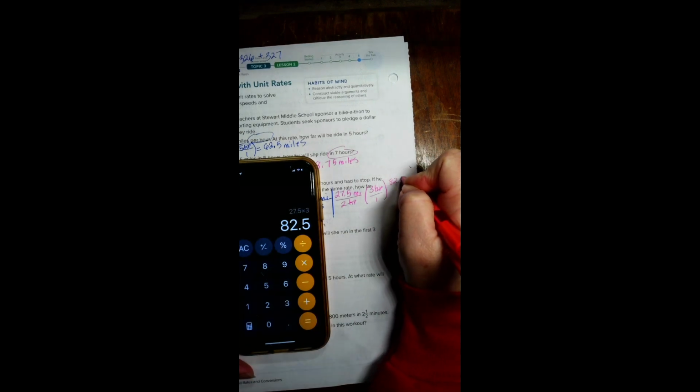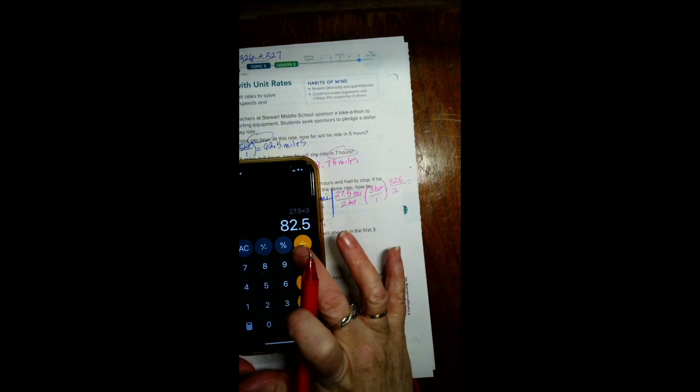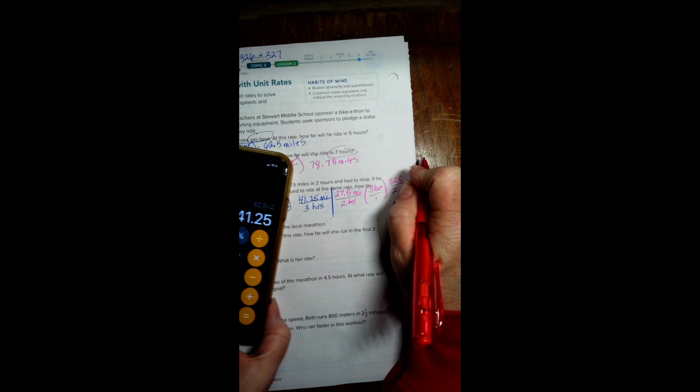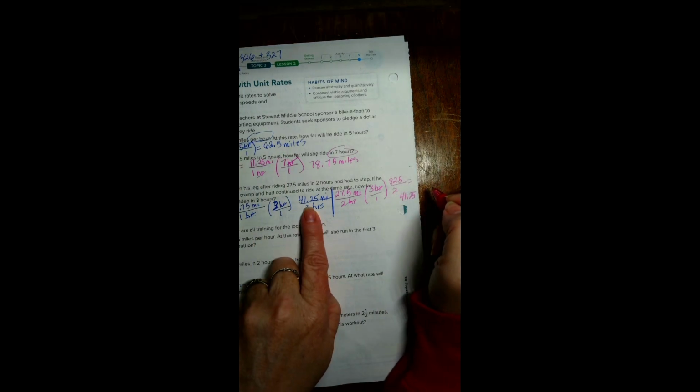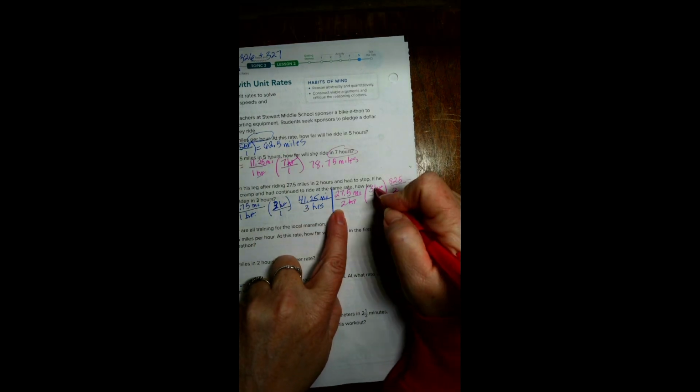We get 82.5 over 2. And when we divide that, we get 41.25 in the 3 hours.